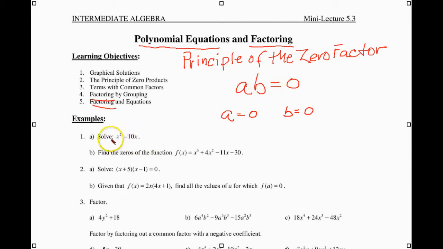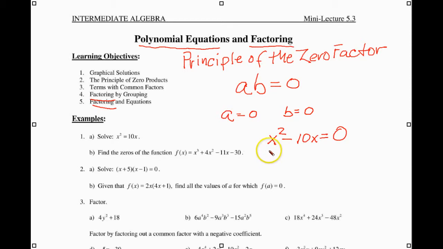So let's take example A here of number 1. What I'm going to do is take this 10 that's on the right and move it to the left by transposition, and we're going to then equate it to 0. So we're starting to get it in this form here.